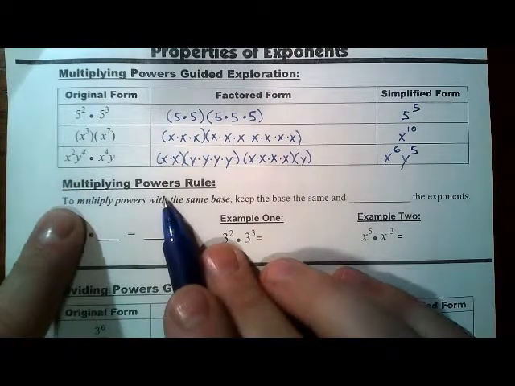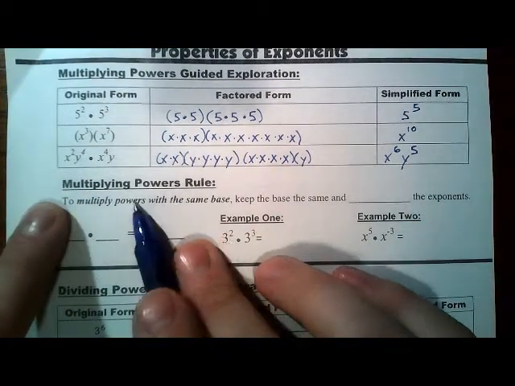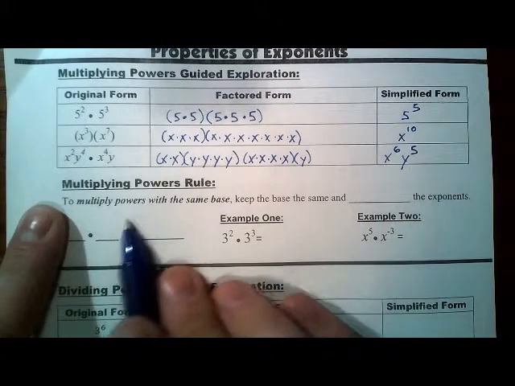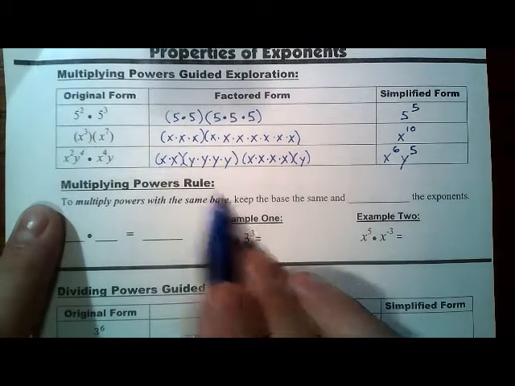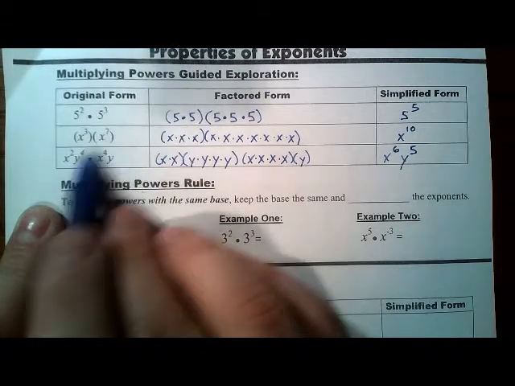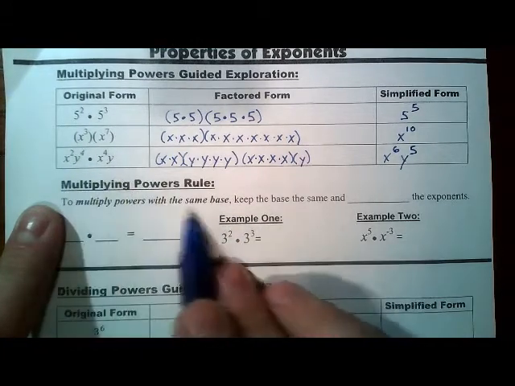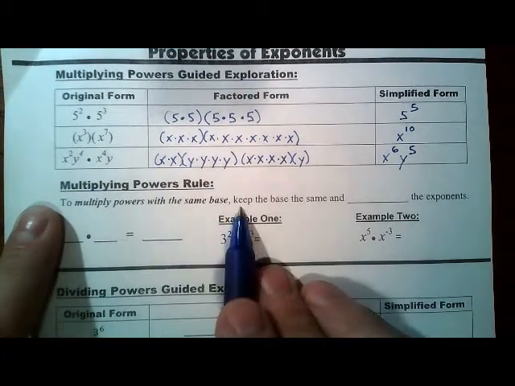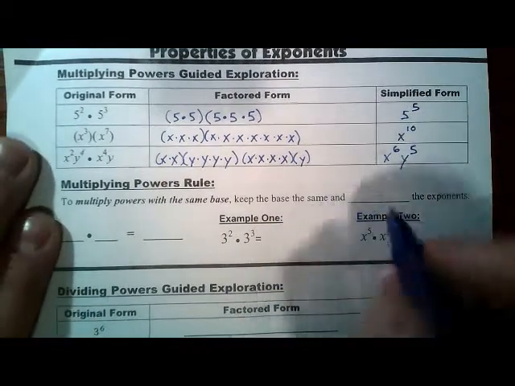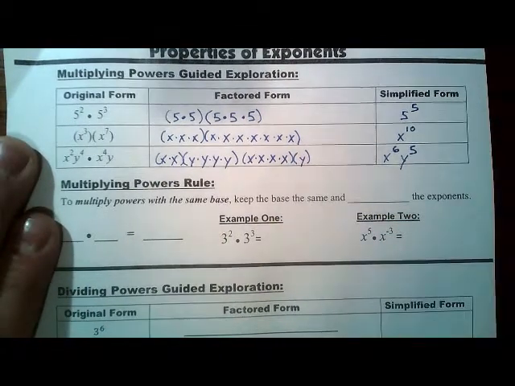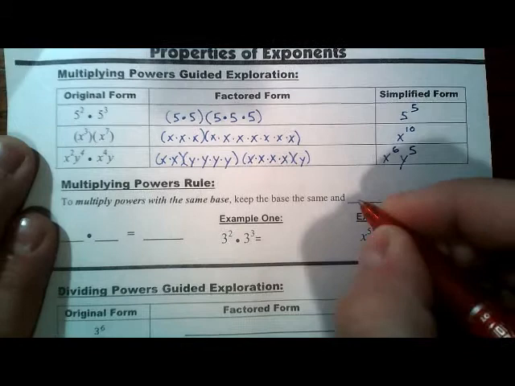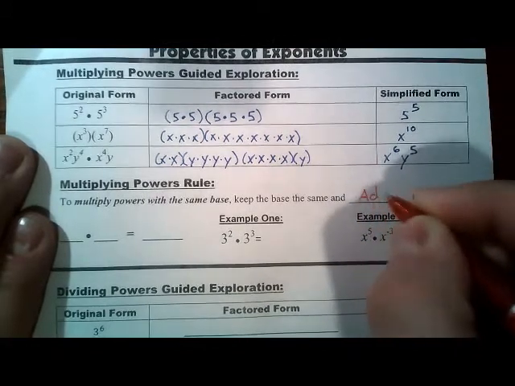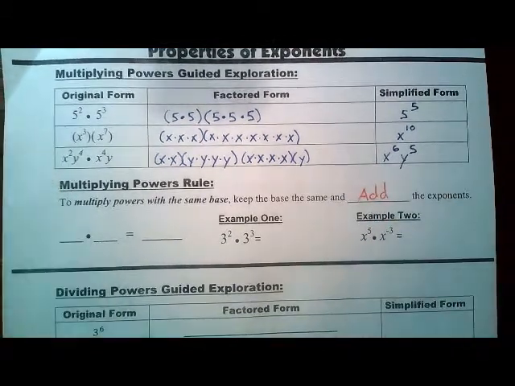And now we're going to state our general rule. When you multiply powers, if they have the same base, this is 5s, this is x's, y's, right? They have the same base, we keep that base, and we're going to add the exponents together.